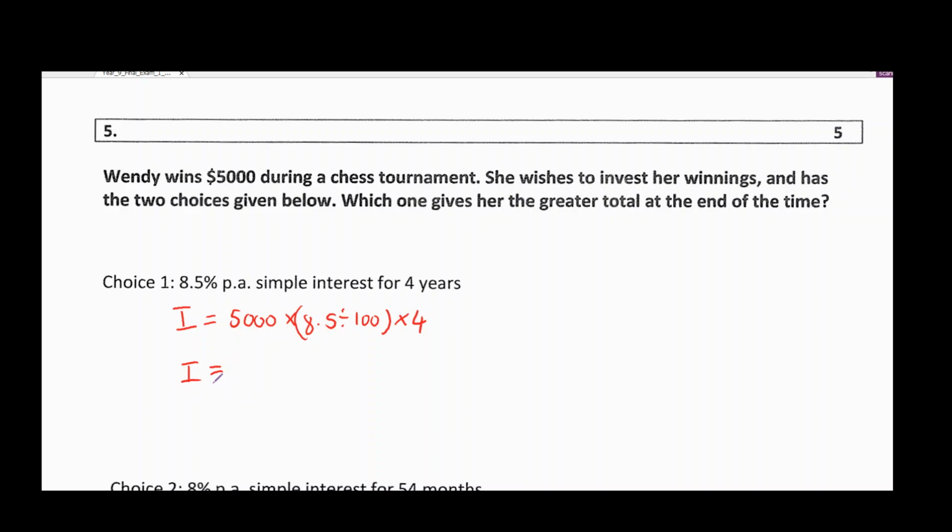So our interest is going to be 5,000 times by 8.5 divided by 100 times 4. Which gives us 1,700. Yep. And that's how much interest she earns.